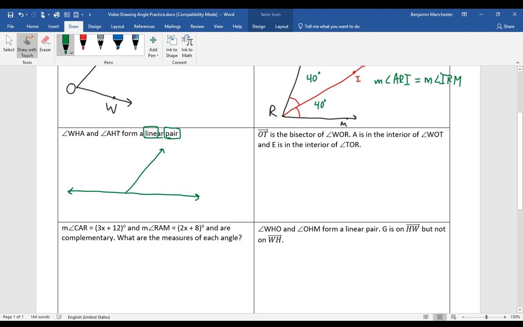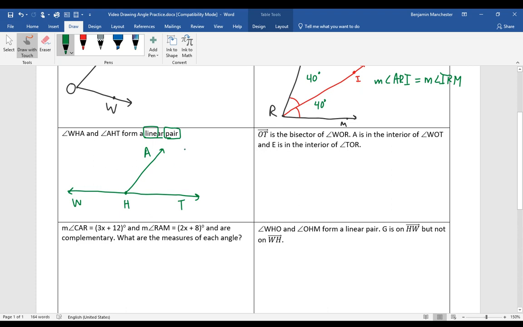But for WHA and AHT, the vertex they share is H. So here's WH, and then we'll put A up here. Here's angle WHA, and then the other one is AHT. There can only be one ray that has this name within the picture, which is why these two are connected by this adjacent angle with a shared, common ray.